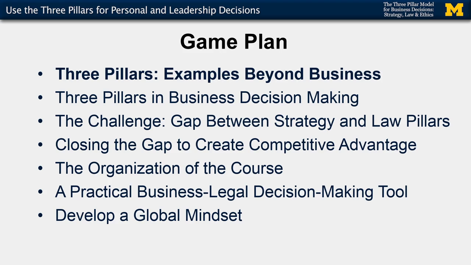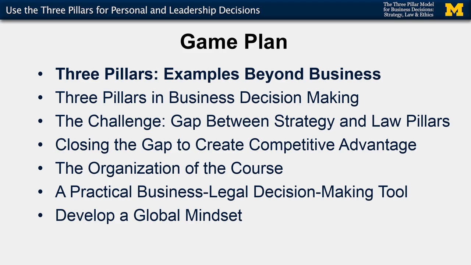First of all, I want to talk about a couple of examples that go beyond business, just to illustrate how the three pillars apply in leadership decision-making and in personal decision-making. Then we're going to focus more specifically on how the pillars relate to business decision-making. We're going to look at a big challenge in using the three pillars in business decision-making, specifically the gap between the strategy and law pillars.